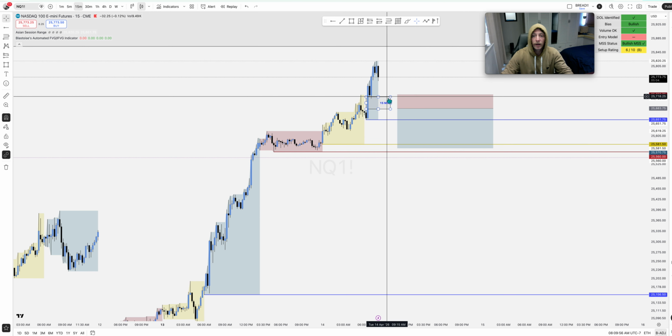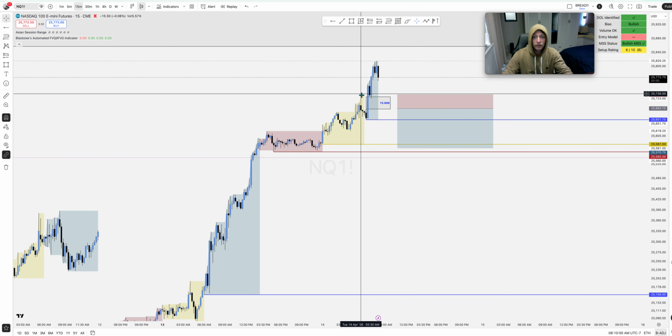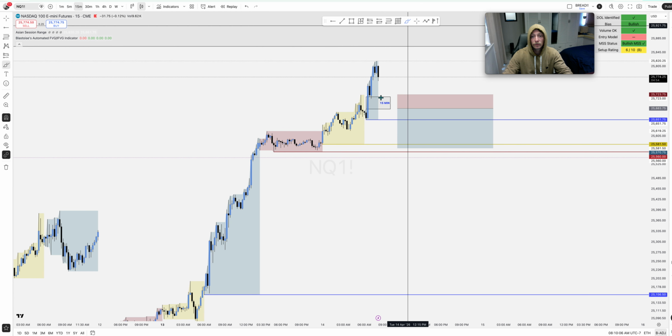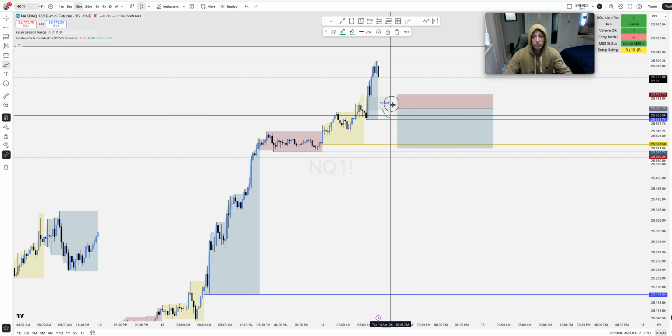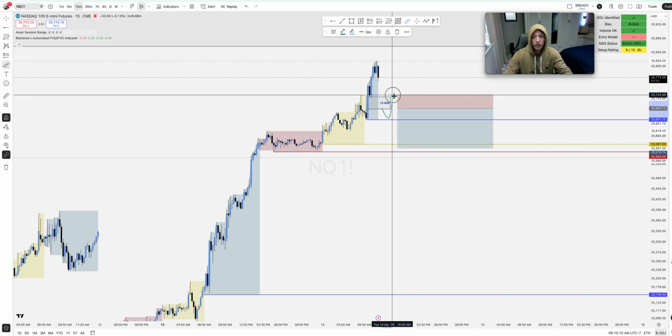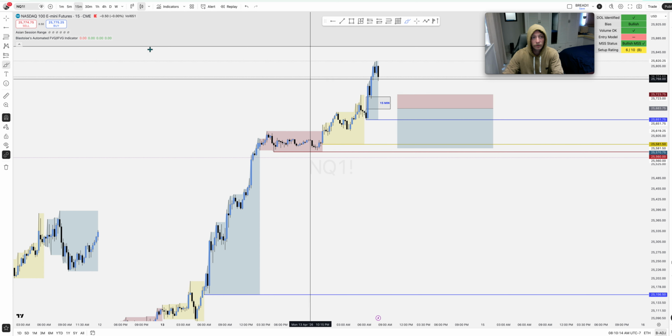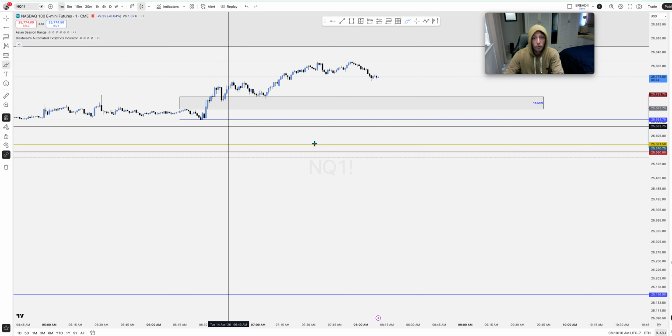I like to put mine at the high or relevant draw, only because if price breaks below and then wants to reverse and break back above that gap, then the trade's just not valid anymore.